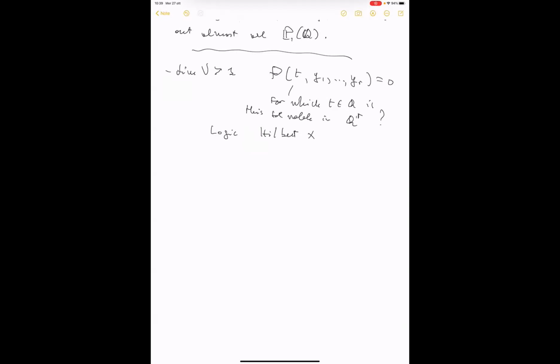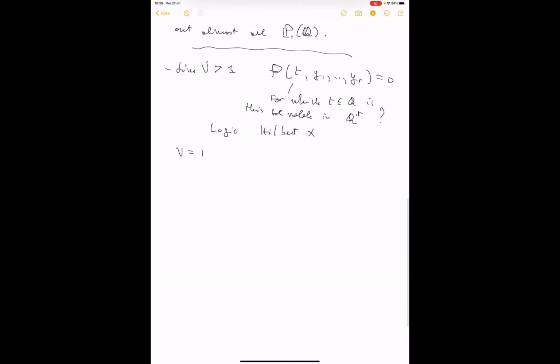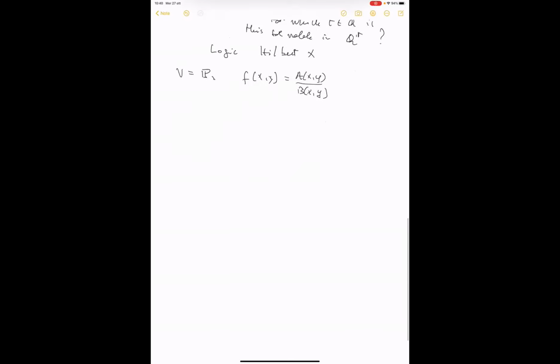So anyway, the matter is absolutely much more difficult already if we take V equal to P2 and f a rational function of two variables defined as a quotient of two polynomials, and we now have the equation, which is the Diophantine equation when t moves in a family.